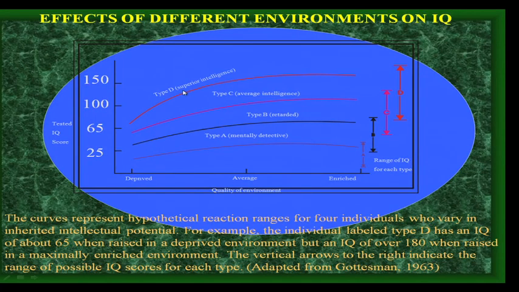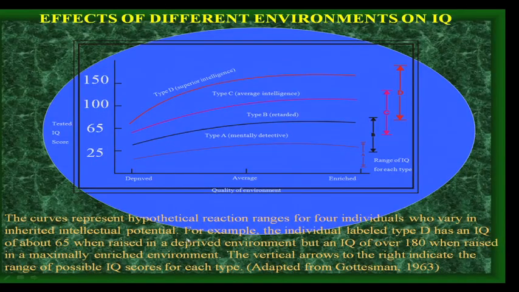The type D people show superior intelligence. Type C shows average intelligence, type B shows retarded, and type A are mentally defective. So, this shows that people from a deprived atmosphere are likely to suffer more from psychological diseases or mental deficiencies.